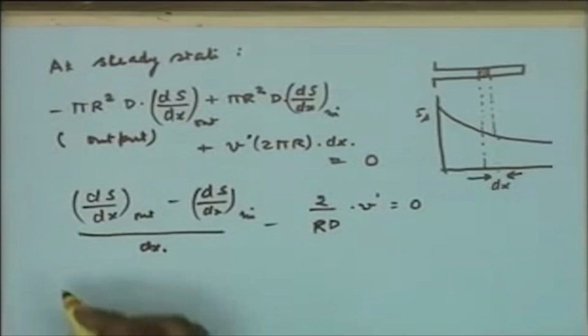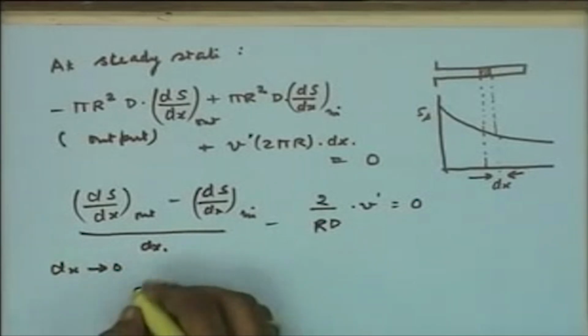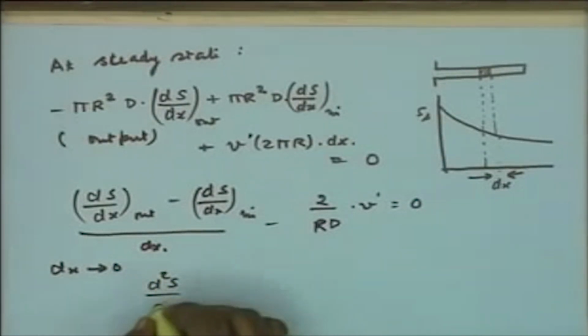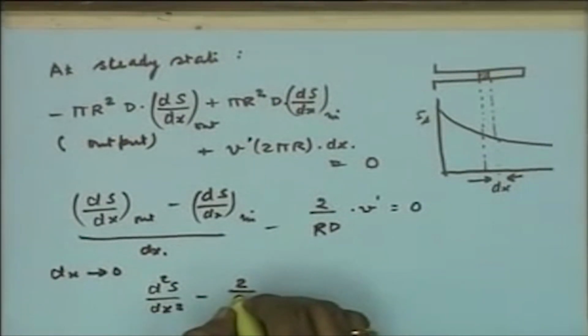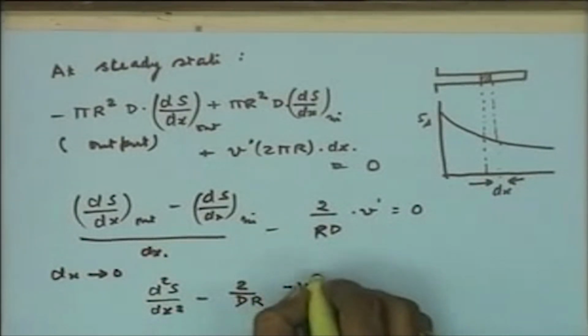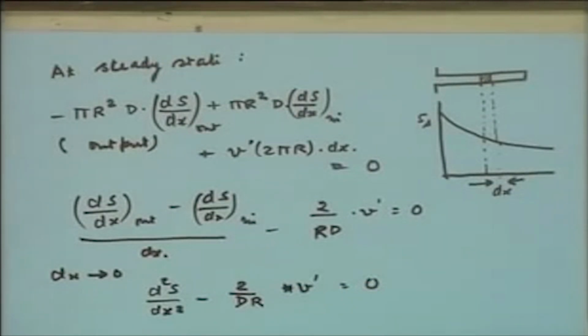Now if you take the limit, as dx tends to 0, you can write it simply as a second order differential equation: d2S over dx square minus 2 by D into r into V dash equal to 0. Now this gives you a generalized second order differential equation for internal pore diffusion cum biochemical reaction.